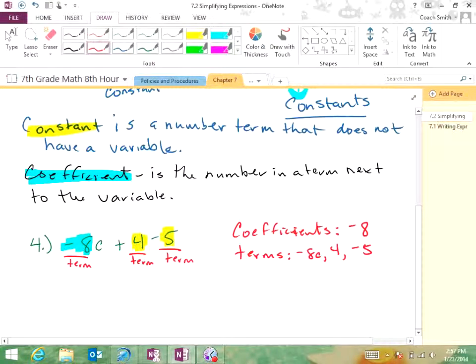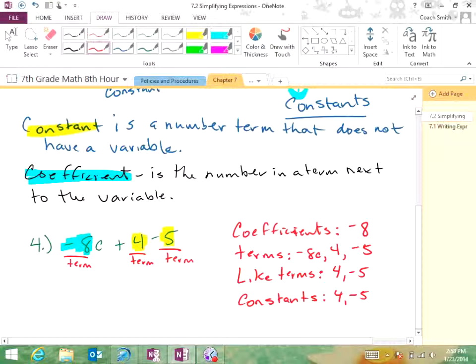Those are the terms. I'll explain the negative 5 to you in a minute. The like terms are 4 and negative 5. The constants are 4 and negative 5.